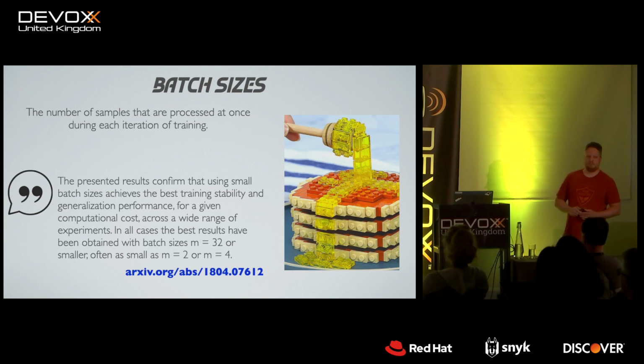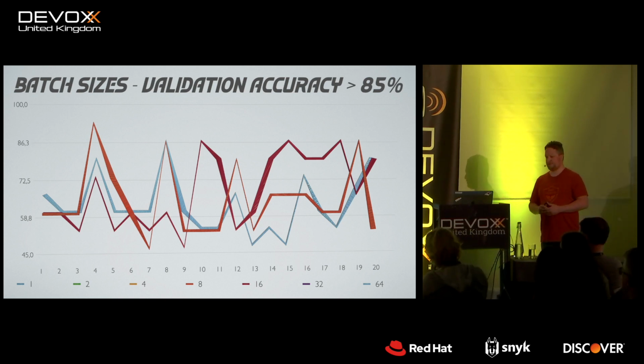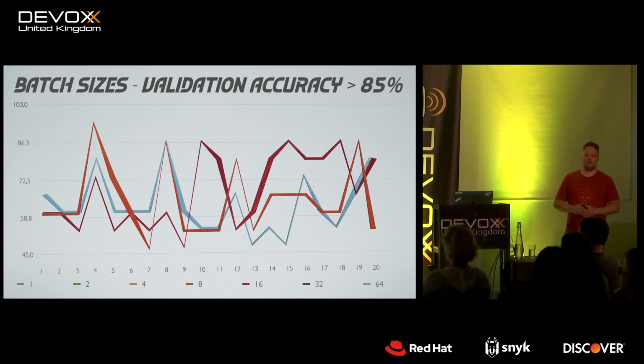So benchmarking is also the key here, and I did some benchmarks with different batch sizes. I removed all the batch sizes that did not result in an 85% accuracy rate. And as you can see, not many batch sizes survive. Only 8, 16, and 64 are left over. All the other batch sizes were faster or slower, but never gave me a better result than 85%.